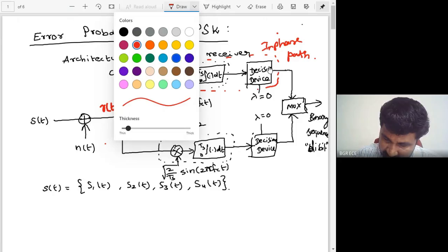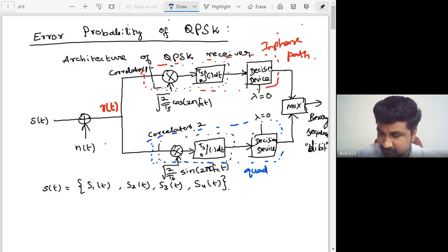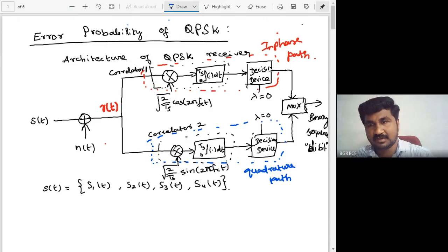And this is the quadrature path. This R of t is given to the correlator, and the output of the correlator in the in-phase path is R1, and the output of the correlator in the quadrature path is R2.